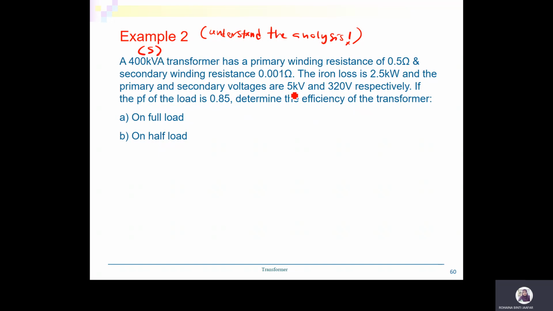Then 5 kilovolt is the primary voltage, VP, and 320 is your VS. Then 0.5 ohm is your R1, the primary winding resistance, and the secondary winding resistance is R2.